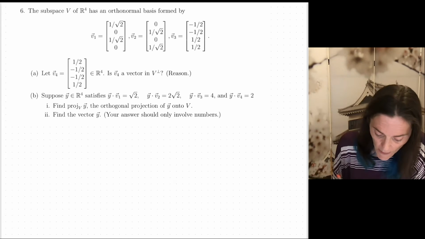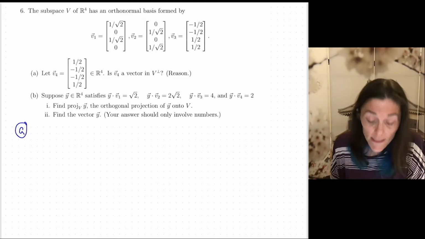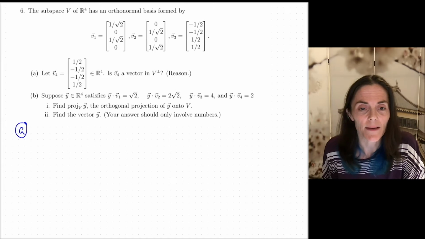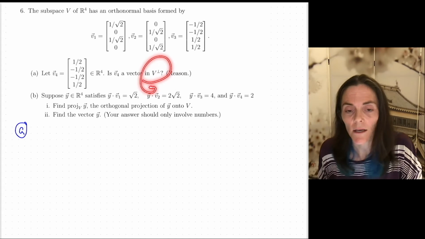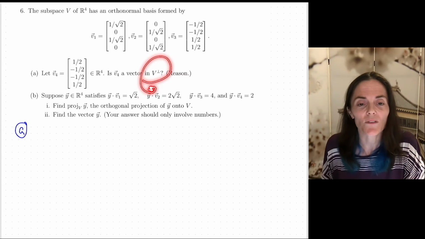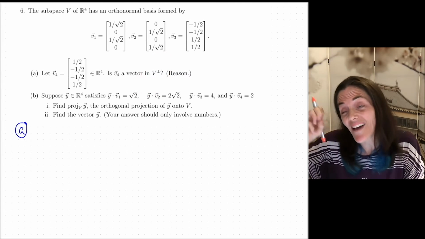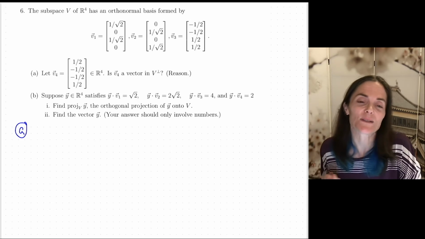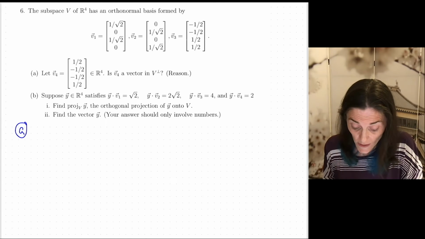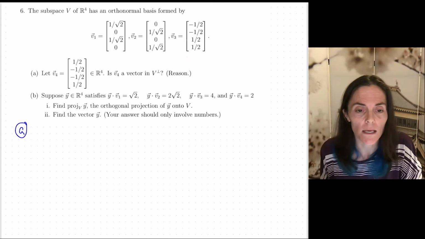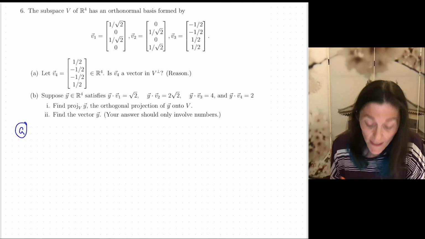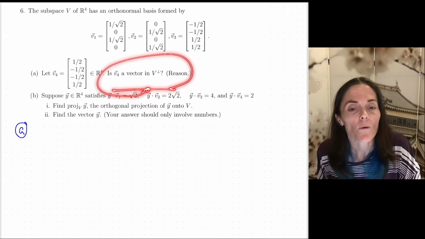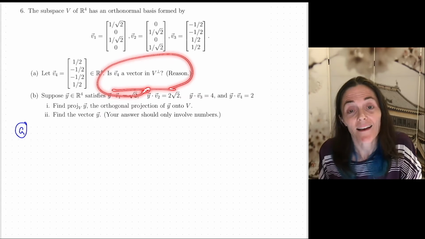So let's begin the question though. Part A, it says, is this vector V4 in the orthogonal complement of V? So a vector is in this subspace provided it is orthogonal to every single vector in capital V. But that's equivalent to saying that vector is orthogonal to a basis for V. So we just need to check, is V4 orthogonal to V1, V2, and V3?